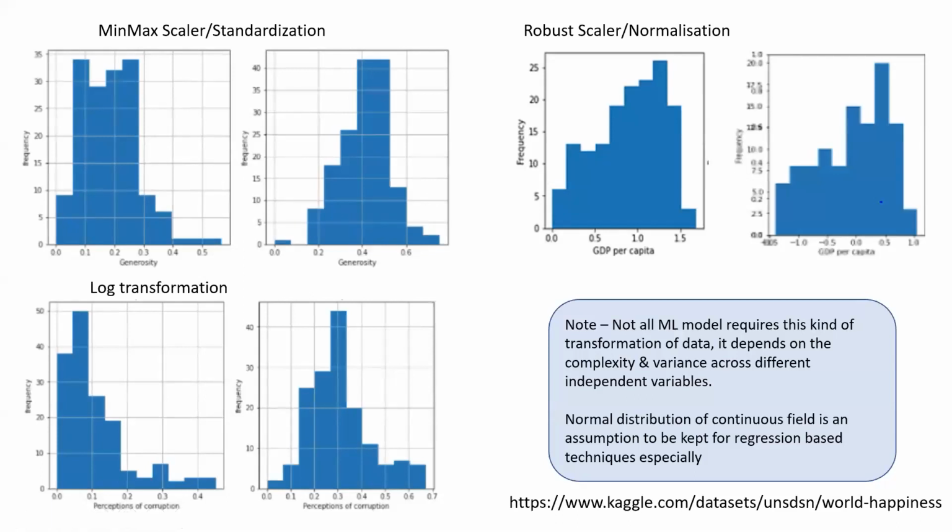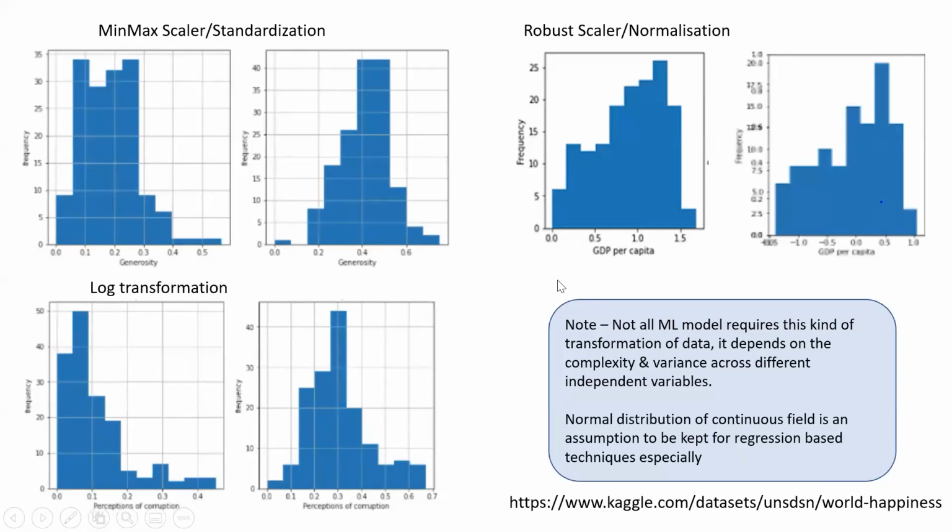This approach is important because now I have solved the problem of skewness and the data is usable. In this log format, there is a perception of corruption score, and clearly it is left skewed. After applying a log transform, although it is still not ideally normally distributed, it is in a format you can use to build your model.